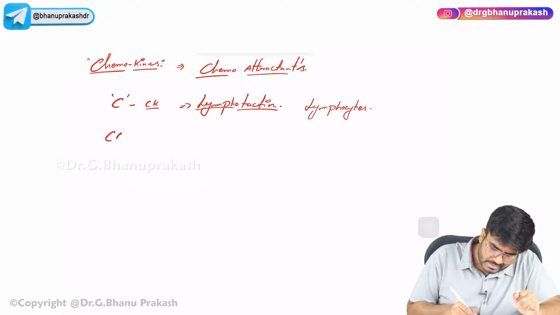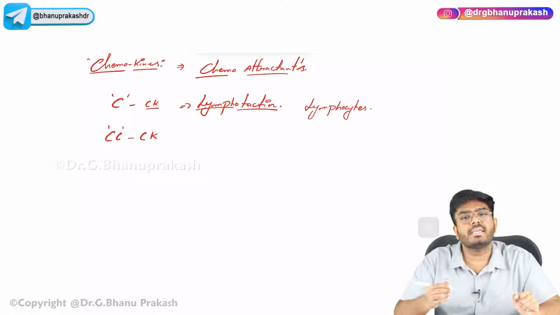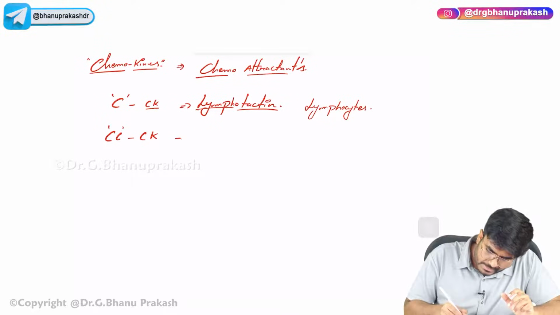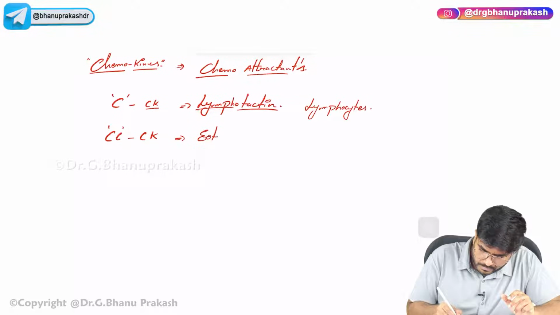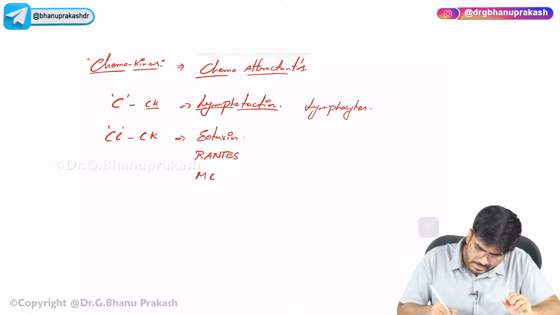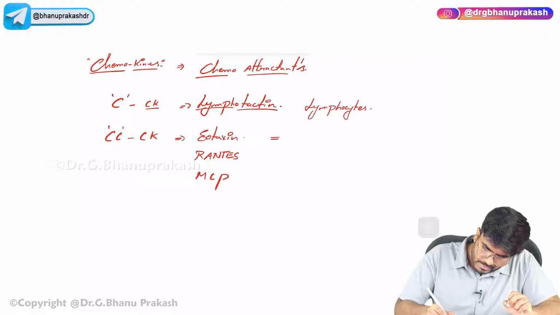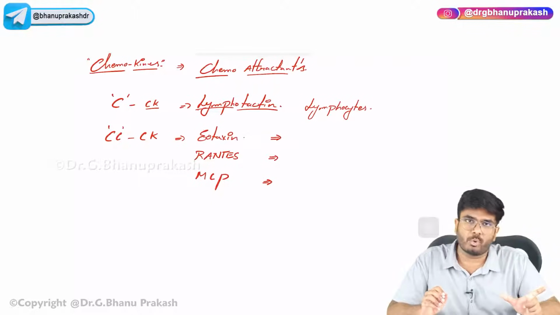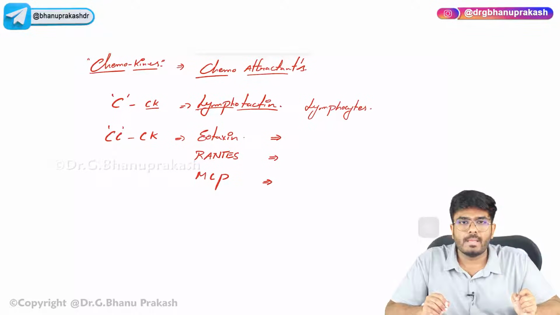Next, CC chemokines. What are the examples of CC chemokines, sir? Eotaxin, Rantis, and MCP. They are all examples of CC type of chemokines, based on the structure.